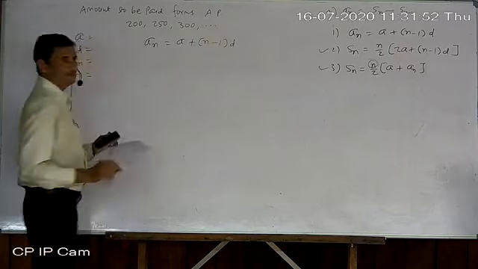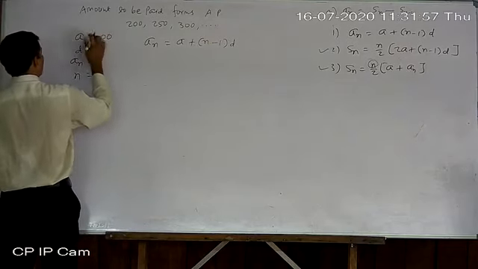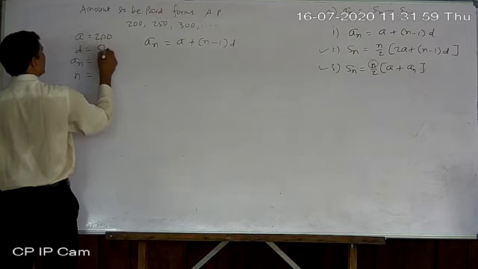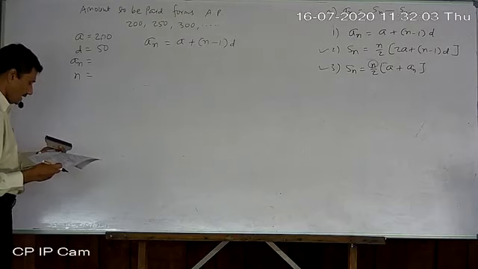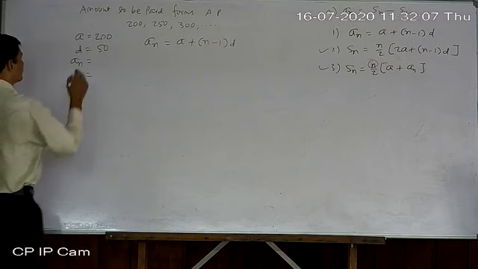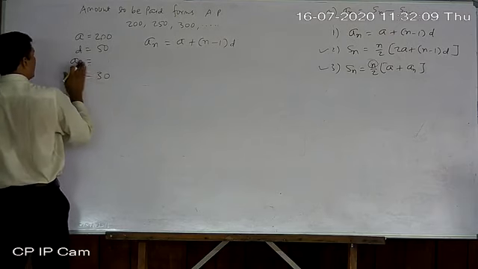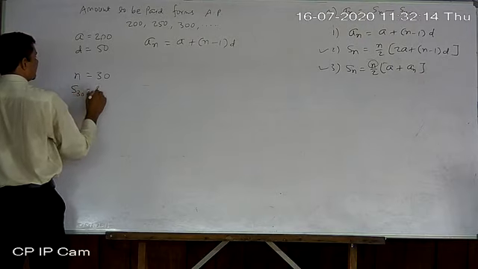This is the AP. So, can we say A is 200, D is 50, and how many days he delayed the work? 30 days. So N equals 30, and we have to find Sn, S30.